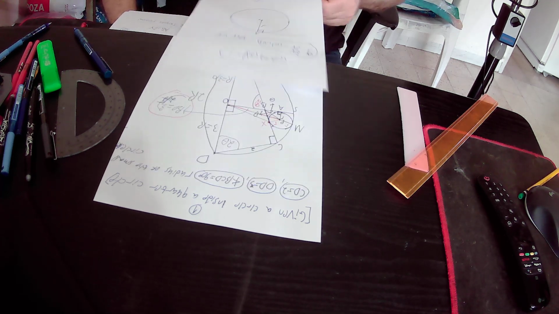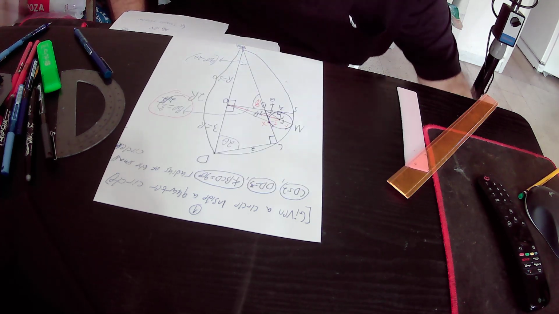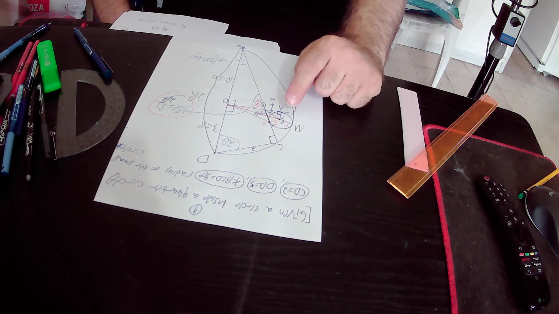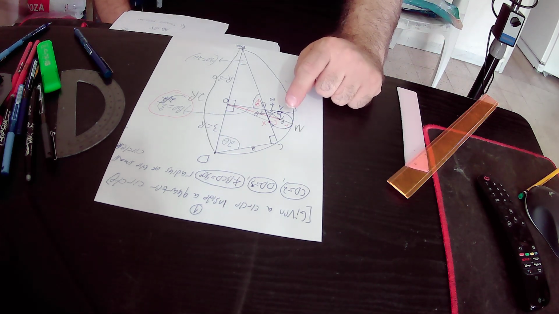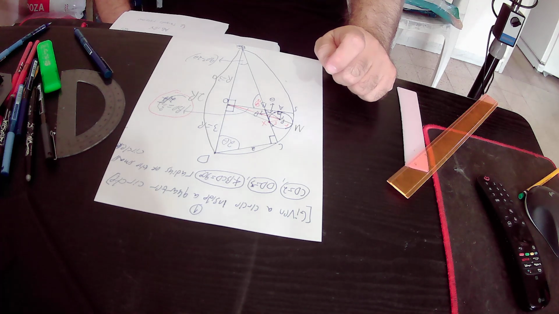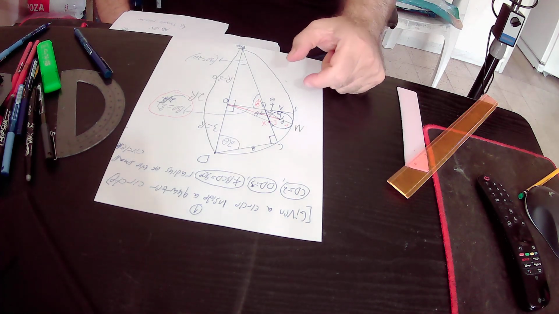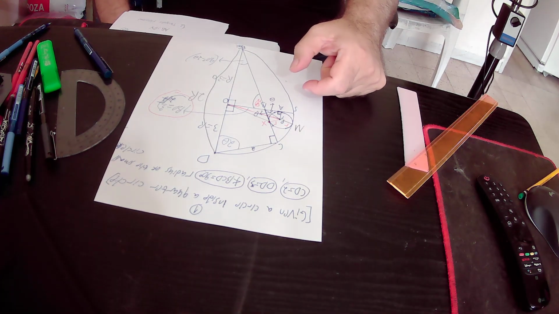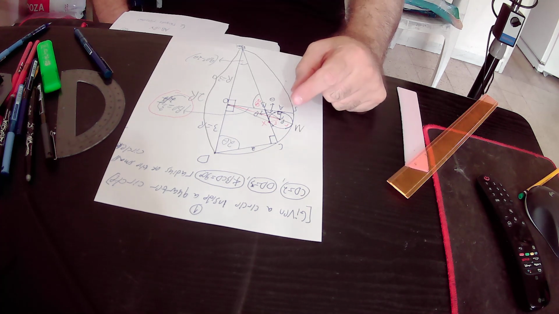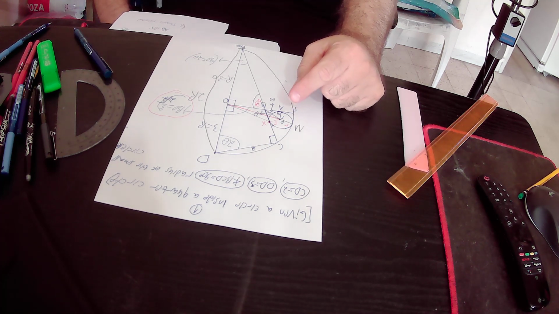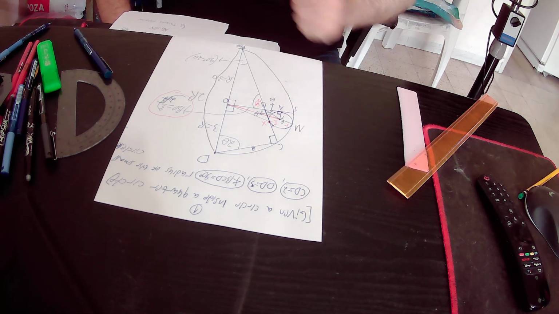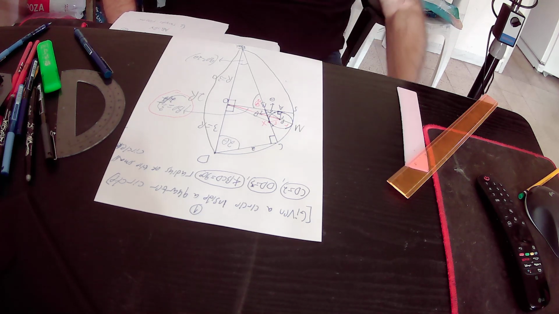And for that reason, angle BAP is 90 degrees, because the tangent AB is perpendicular to the radius. Therefore, this angle is 90 degrees. Okay?